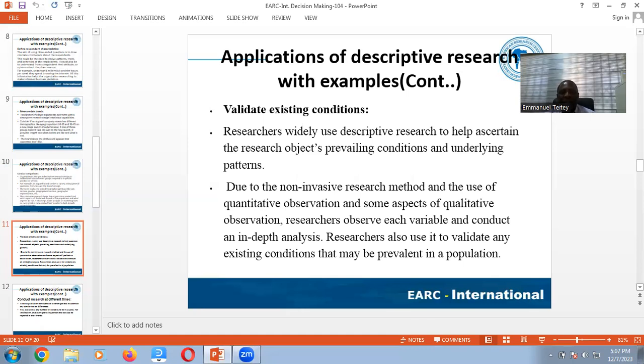Due to the non-invasive research method and the use of quantitative observations and some aspects of qualitative observation, researchers observe each variable and conduct an in-depth analysis. Researchers also use it to validate any existing condition that may be prevalent in a population.